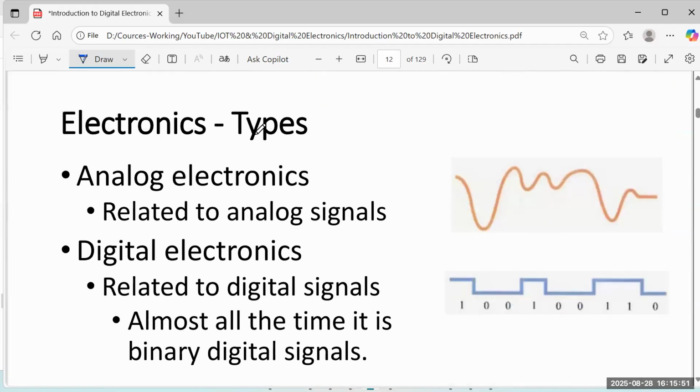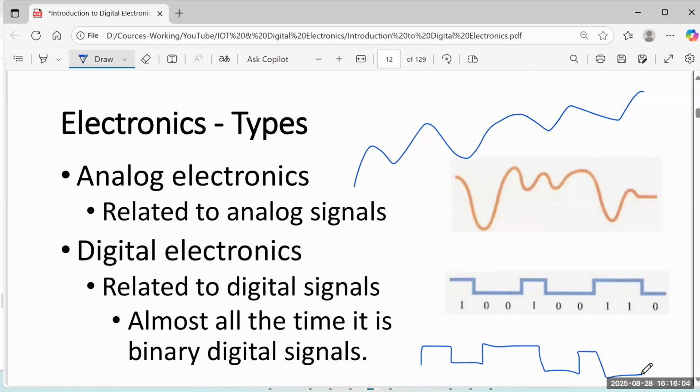So there are two types of electronics, analog electronics and digital electronics. Analog electronic devices use analog signals. Digital electronic devices use digital signals or discrete signals. So a normal radio is an analog device. A normal telephone is an analog device, whereas a computer, calculator is a digital electronic device.